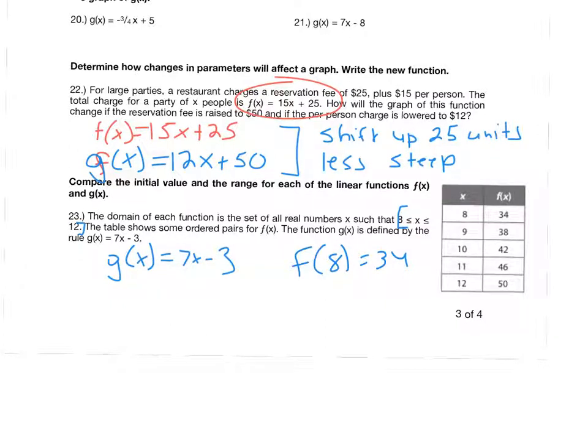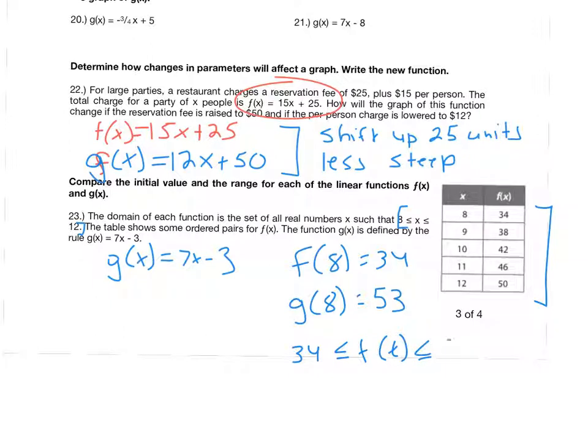Well, it has the same domain, so that would be g of 8. And you could go ahead and figure that out, but I'm trying to make this video as short as possible. It's going to be 53. Now, if we look at the range of f of x, our range is between 34 and 50.